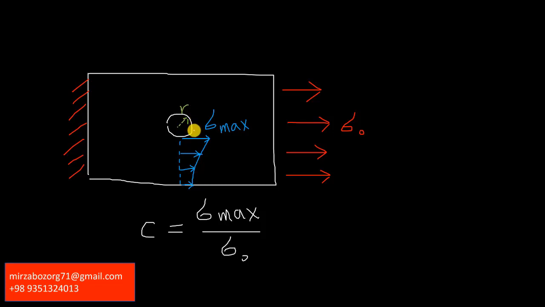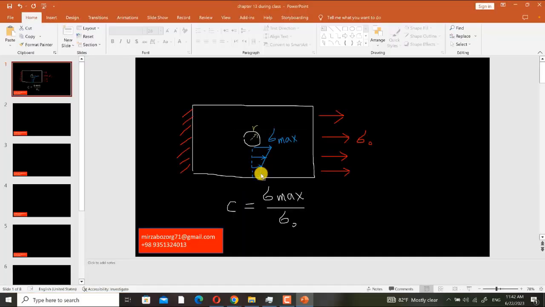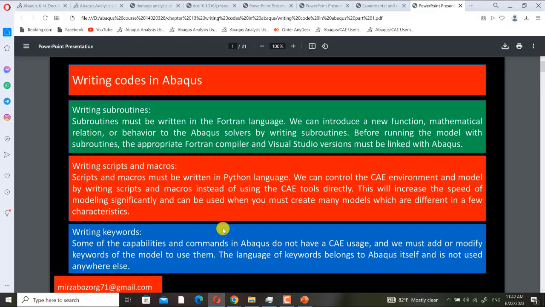So I must create, for example, 10 models, and in each one I must change the radius and then run the model and find the sigma max and divide it by sigma 0. I can do it via a Python script, which must be run several times to create each model and run it and find its sigma max. That's it. We can do it by using Python scripting and writing a script.